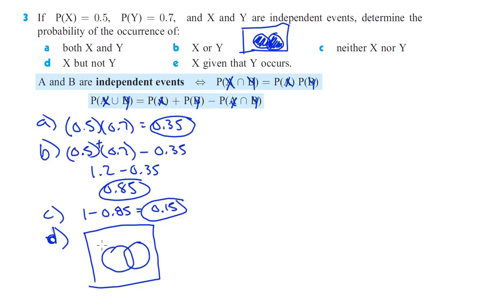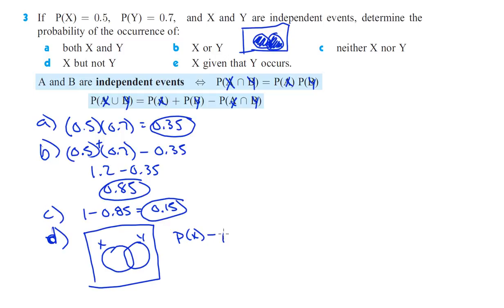So let's say we've got X and Y. We're trying to figure out the probability of X happening but not Y happening. The probability of X happening is 0.5, right? So that's going to be the probability of X minus the probability of X and Y happening.